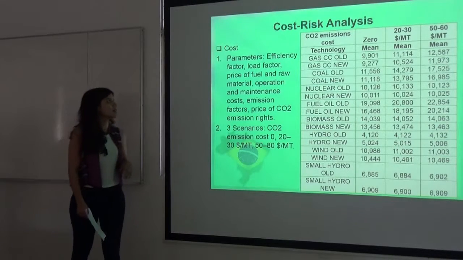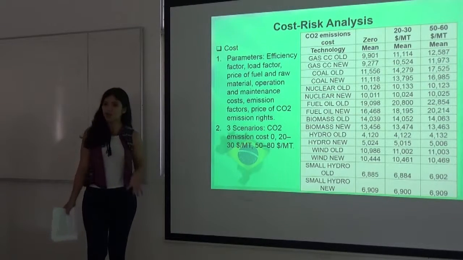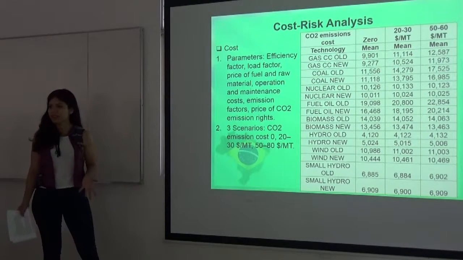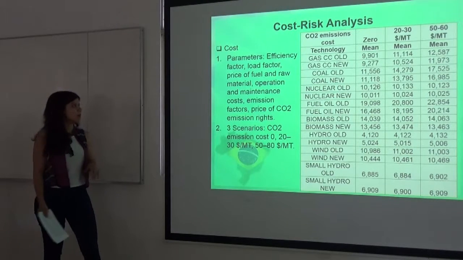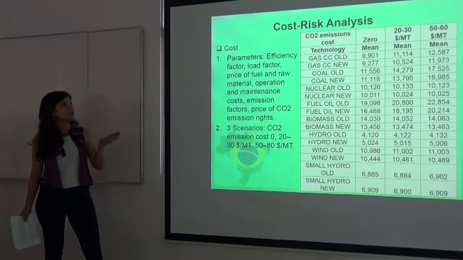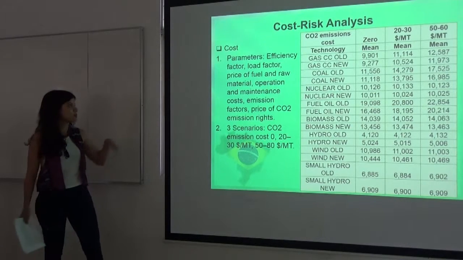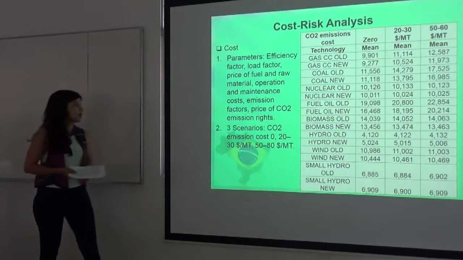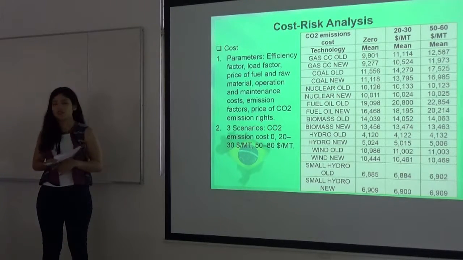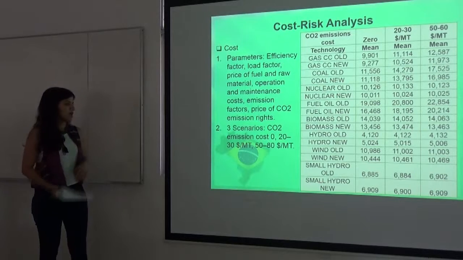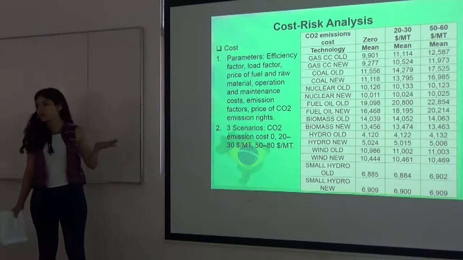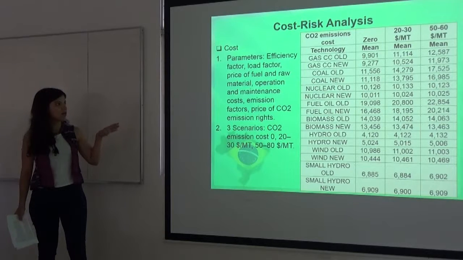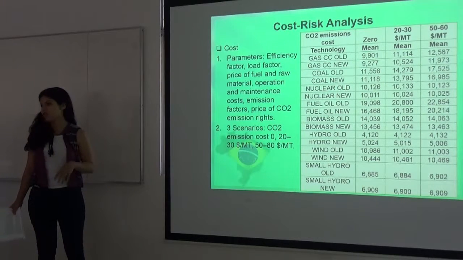To derive the average cost of each portfolio, a probabilistic experiment is performed based on parameters specific to each technology, for example efficiency factor, price of fuel and raw material, operation and maintenance costs, emission factors, and others. This average cost was then classified in three scenarios: zero, low, and high carbon dioxide emission cost.